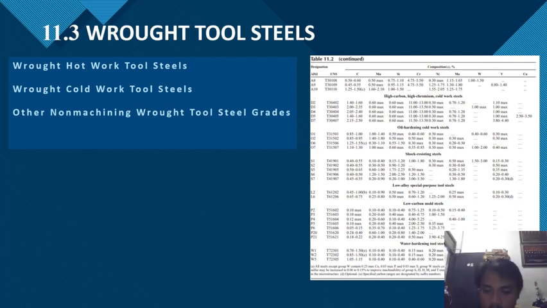Other non-machining work tool steel grades: in addition to the hot and cold work steels described, shock resisting steel, alloy special purpose steel, mold steel, and water hardening steel are also used for non-machining applications. So like in this table, it lists composition limits for these steels as well.